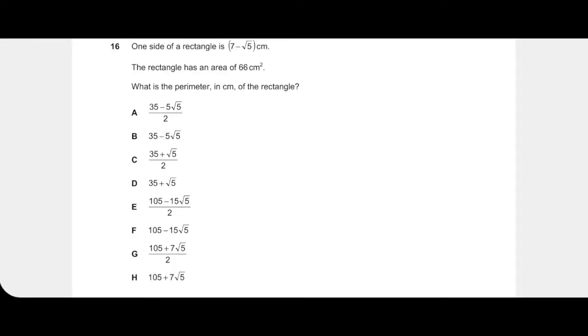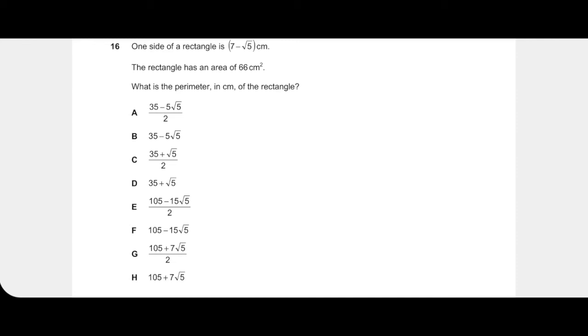Question number 16. One side of a rectangle is 7 minus root 5 centimeters. The rectangle has an area of 66 centimeters squared. What is the perimeter in centimeters of the rectangle? Immediately you should be thinking, how do I calculate the area of a rectangle? It's length times width.